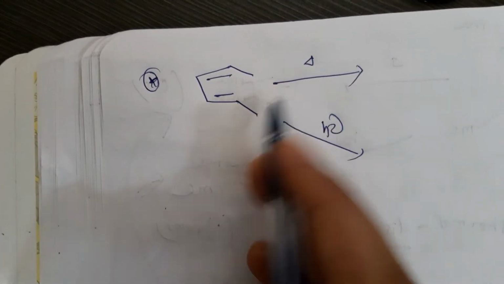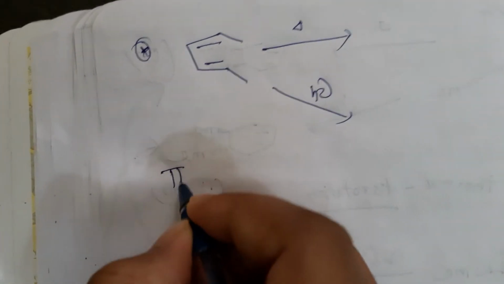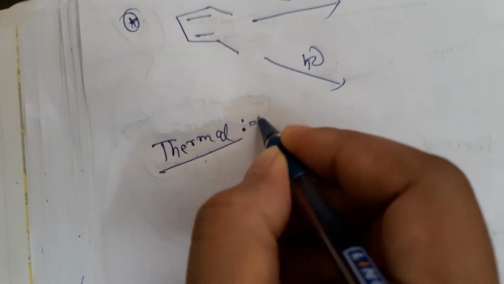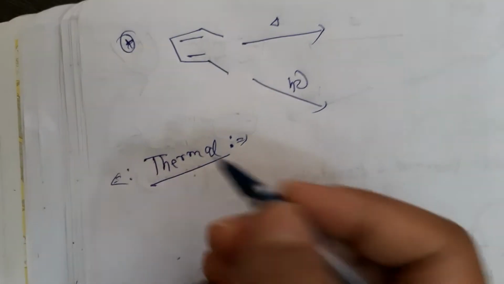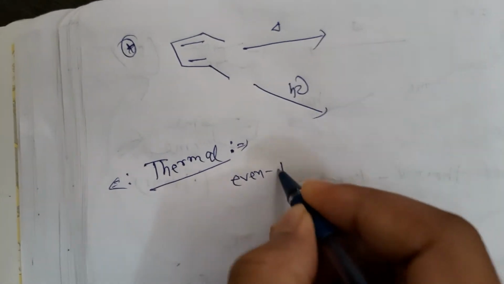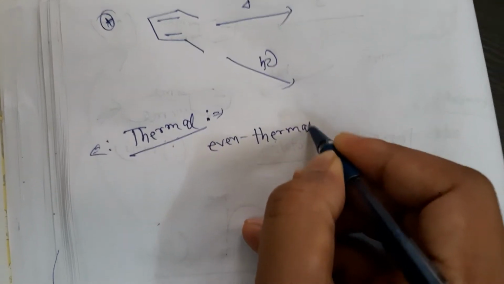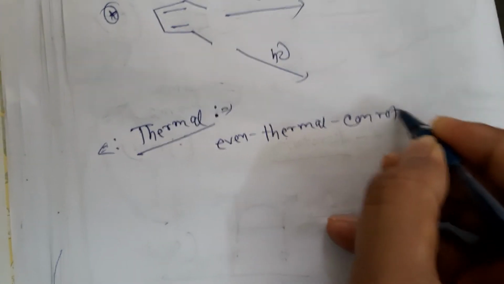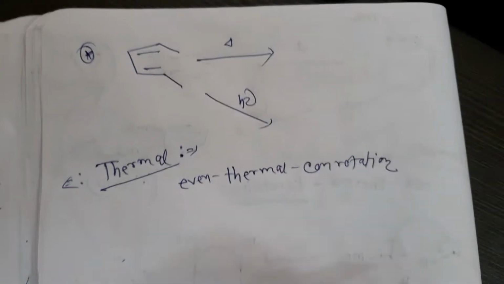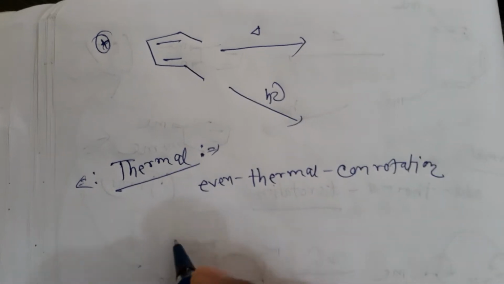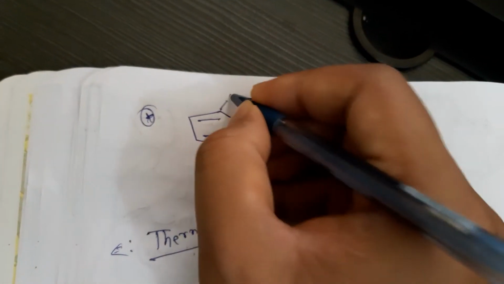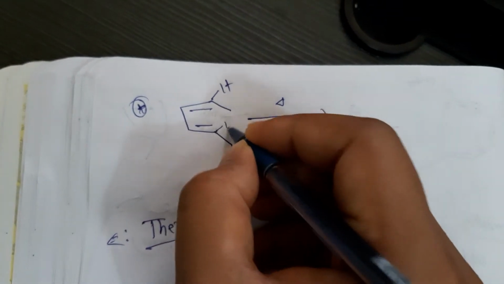So first we consider thermal. Now thermal, there is even, what rotation? Conrotation. Even thermal conrotation. So the hydrogen outside, hydrogen inside.